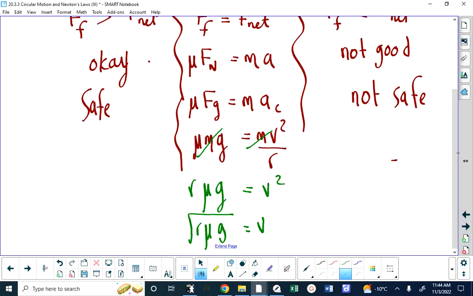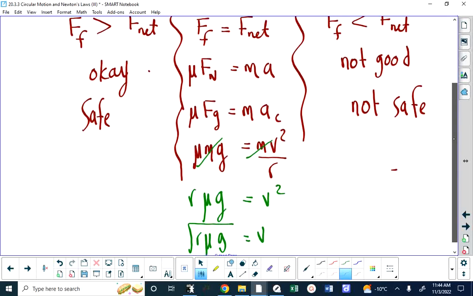This whole thing in the center of the screen right now is important for the other part of today's lesson. Artificial gravity, you set v squared over r equal to the number of g's. Cars moving around circular tracks, you start with force of friction equals F net and build it.